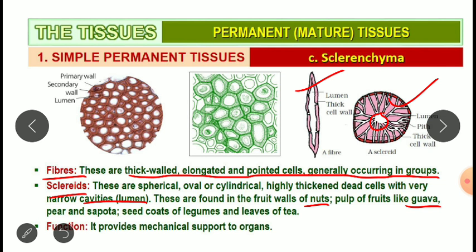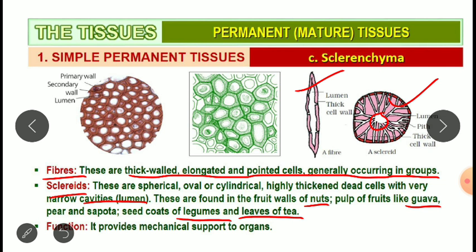Even the seed coats of leguminous plants, your dals like tuar dal or moong dal, have a darkened seed coat, which is nothing but the sclerites. And even in the leaves of the tea, the sclerites are present.